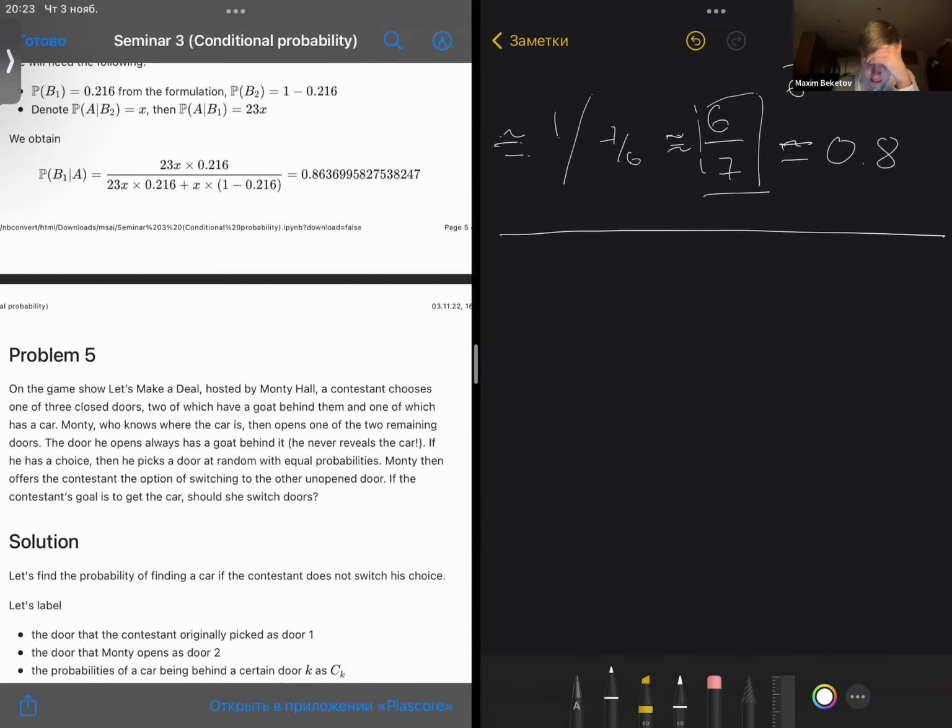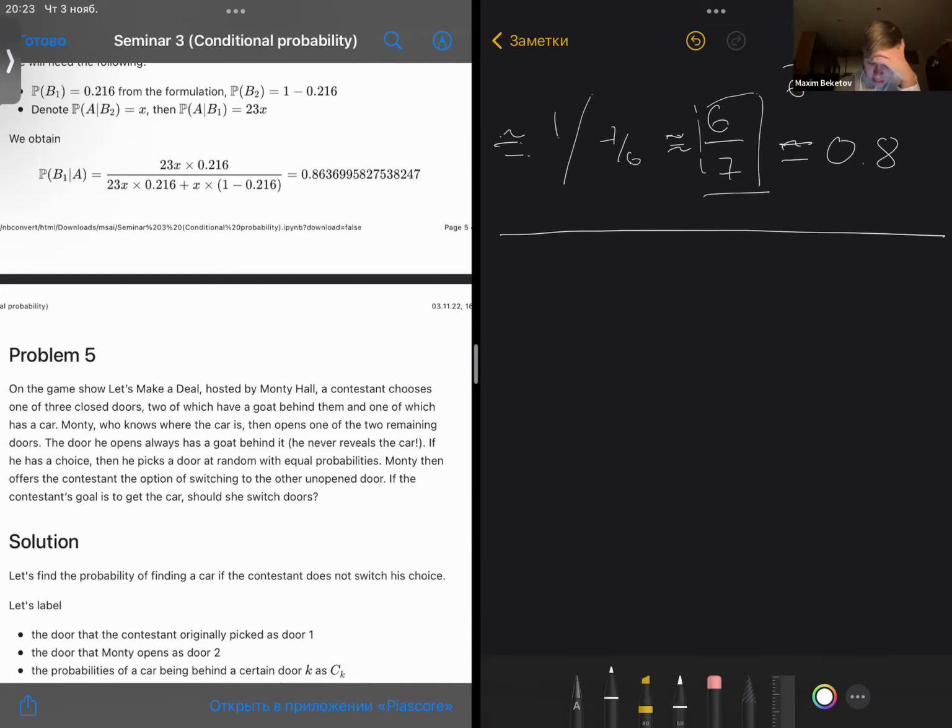So you have three boxes kind of to choose from, okay? And behind two of them you have, well, in the original show they have goats, not real goats, but images of goats. And behind one of them there is a car that you get as a prize if you pick the right door, okay?